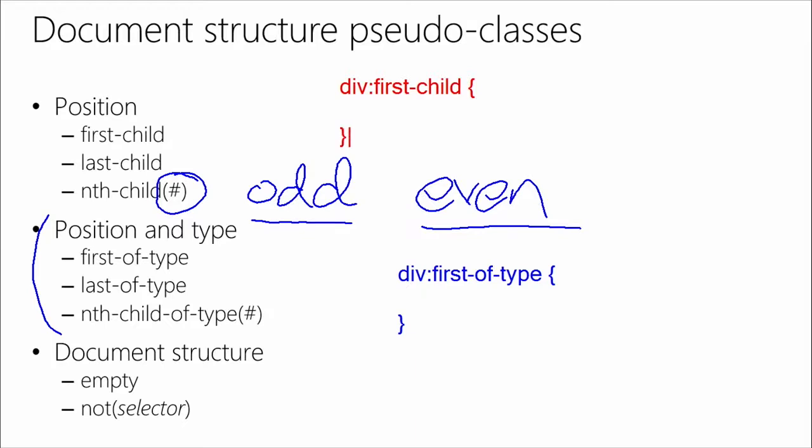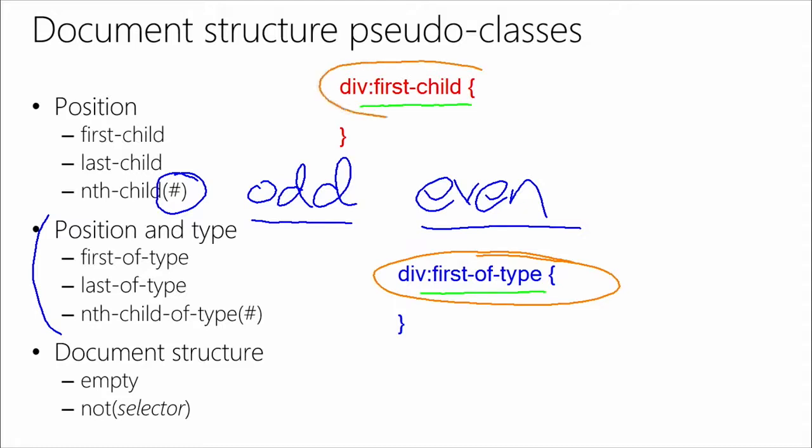So what's the difference between me saying first child and me saying first of type? It's a great question. The answer is that first of type is going to be based on where that div tag is on the entire page. So it's the absolute first div tag.